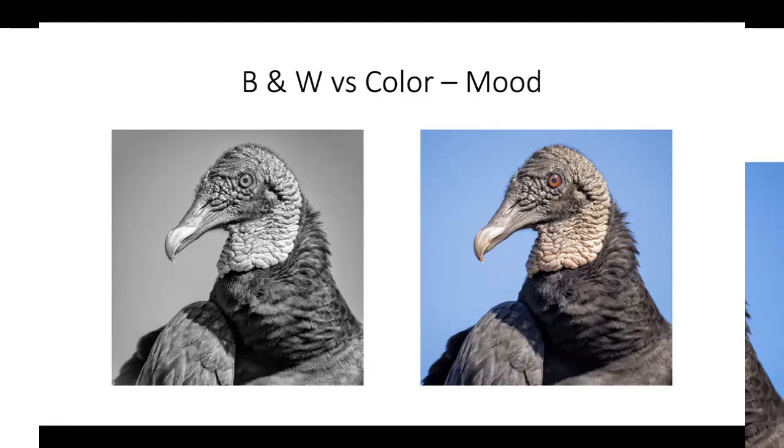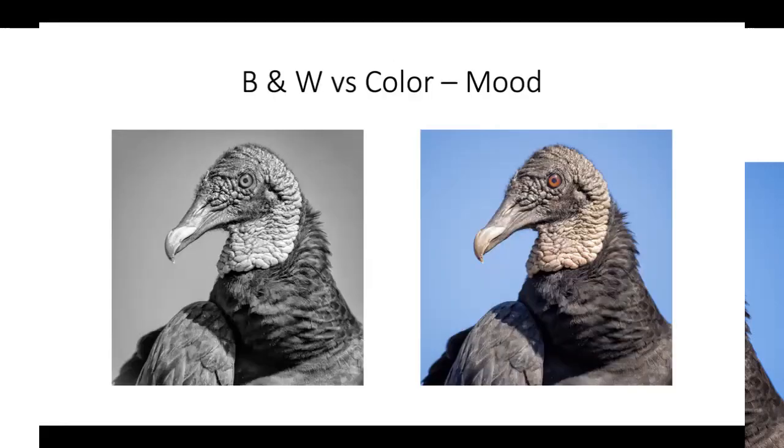All of that kind of contributes to the look of being a vulture or a buzzard or whatever the alternate names are. On the right side, he doesn't look real pretty either, but you're kind of, in the black and white version, right down to the fundamentals of the texture and the way his eye is looking and all of that.